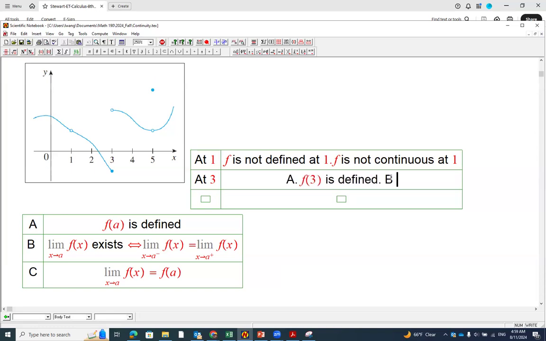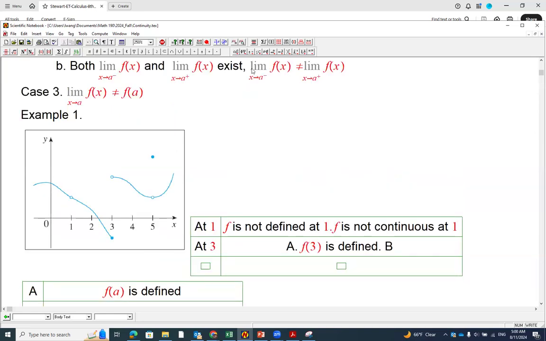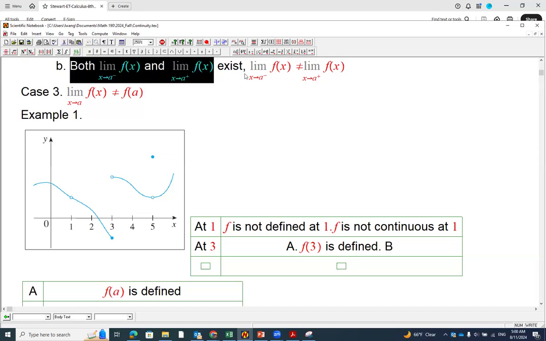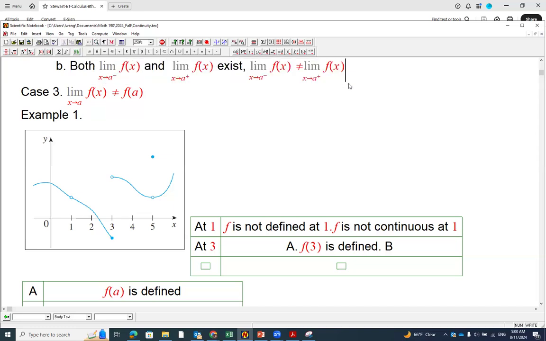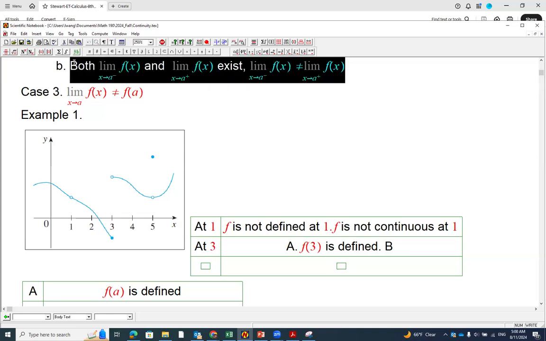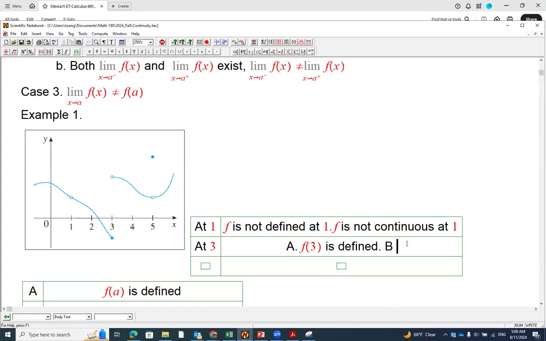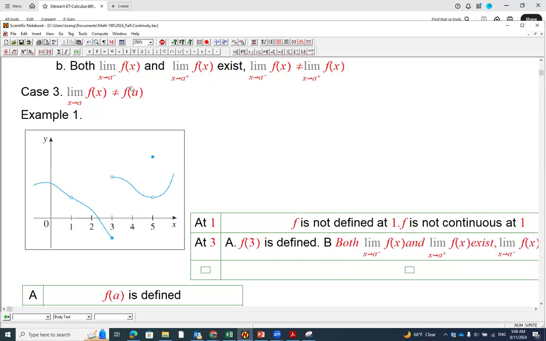Secondly, we check continuity. So what happened is both limits exist, but they're not the same. So this situation applies here.